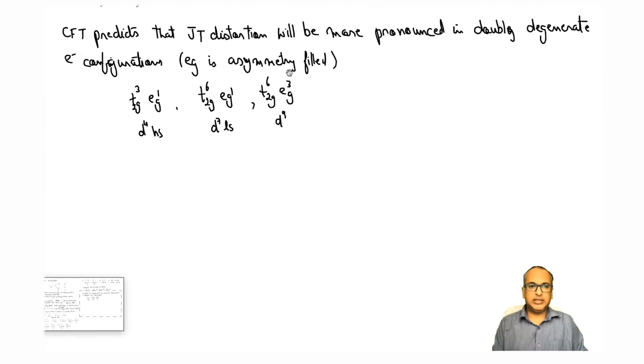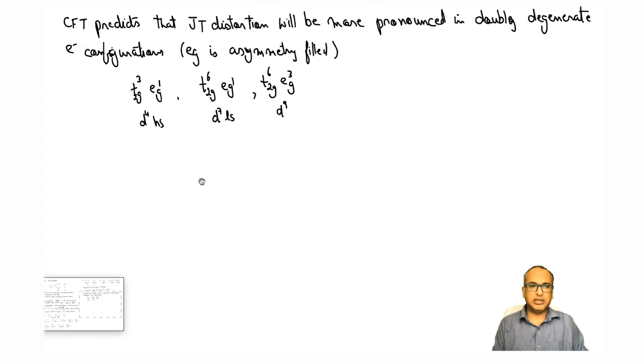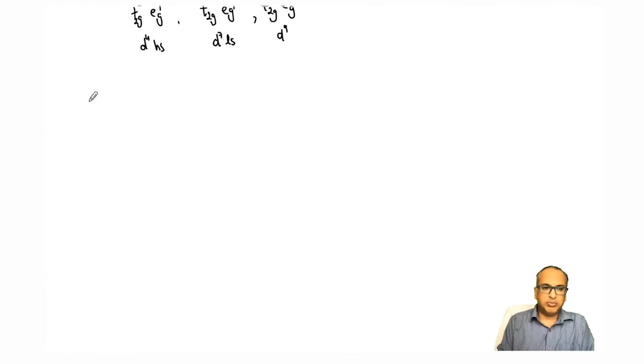So now let us consider one of the examples. So let's consider D9. So before we go, let us try to understand why EG versus T2G undergo more versus less distortion.